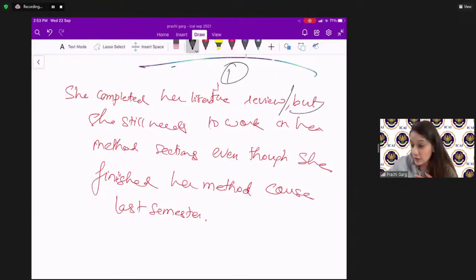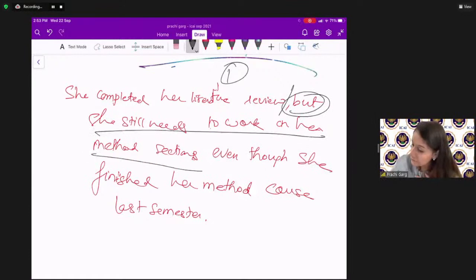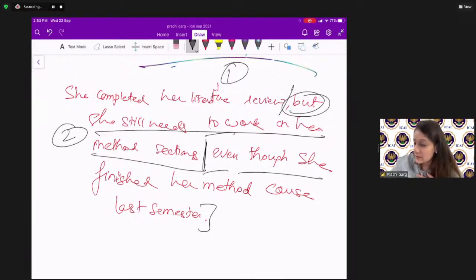If you can spot the but here, you would know that this is the second independent clause. Now, starting from even though till the end, this is the dependent clause. Read the sentence and see.